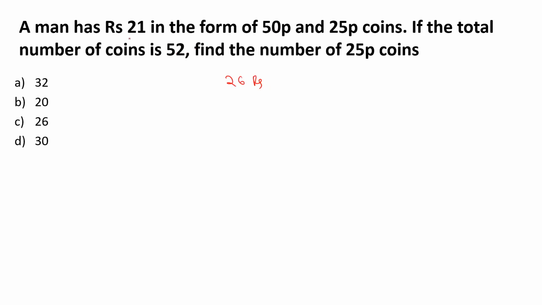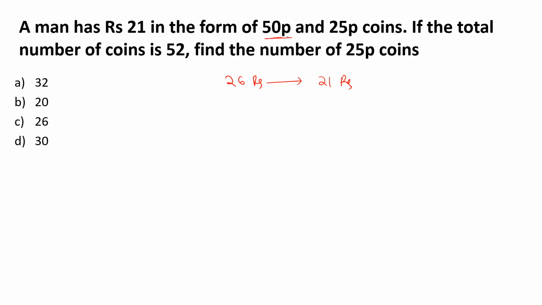But the actual amount given in the question is 21 rupees. According to what we assumed, that all the coins are of the same kind of 50 paisa, the amount would have been 26 rupees, but the actual amount was 21 rupees only. There is a 5 rupees deficit than what we assumed.